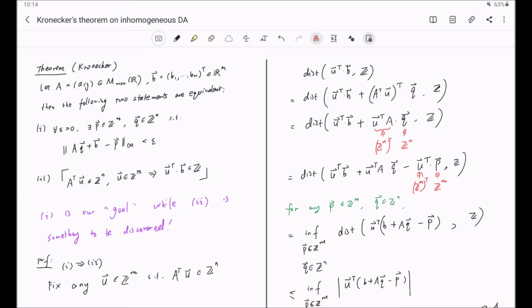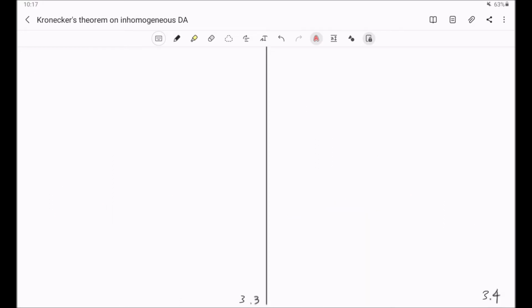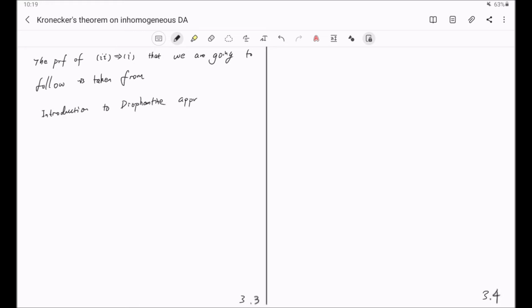We are going to start with the proof of the direction from 2 to 1. This direction is a very hard direction, which involves a lot of lemmas. The proof that we are going to follow is taken from the book An Introduction to Diophantine Approximations by Cassels.